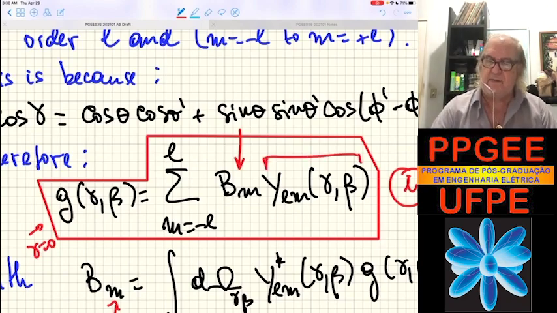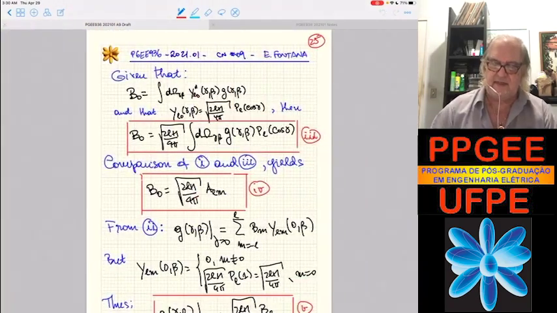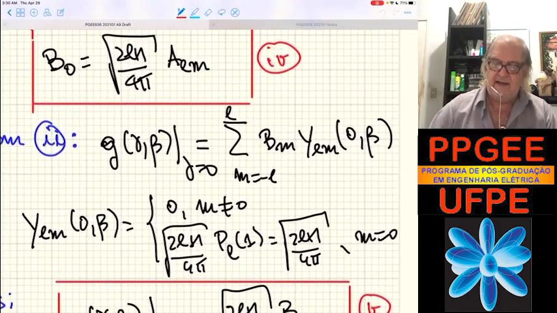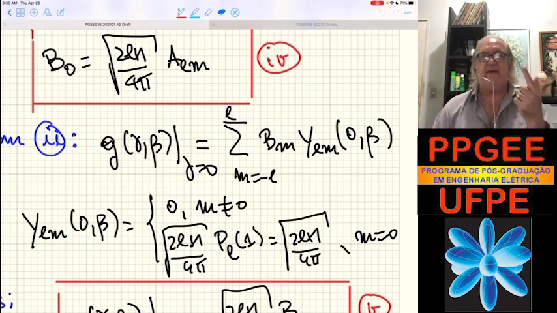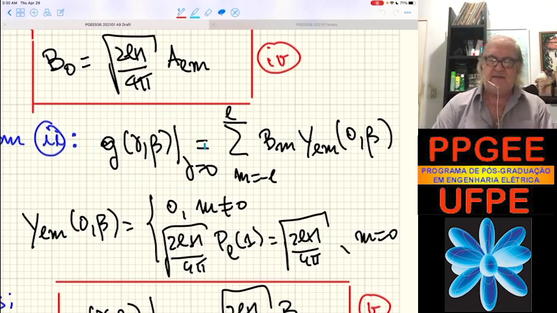But there's another property, which is very interesting. If I make gamma equals 0, I have this sum here. I only know B0, I don't know the other BMs, right?